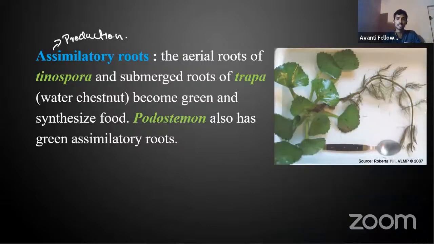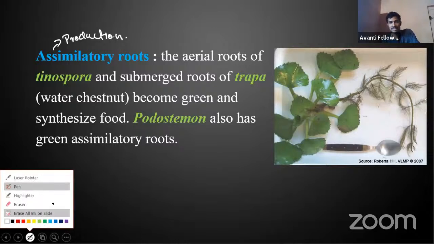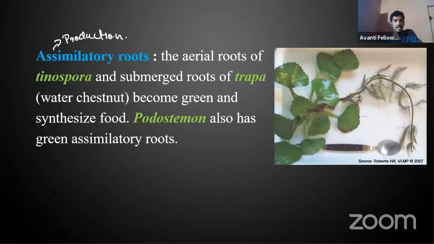I will just show this one, the Trapa. We normally call it water chestnut. You can eat the seeds of this plant, and you can find it in water. There are others also, like Tinospora, Amritballi. It's a good medicine, we normally say, right?